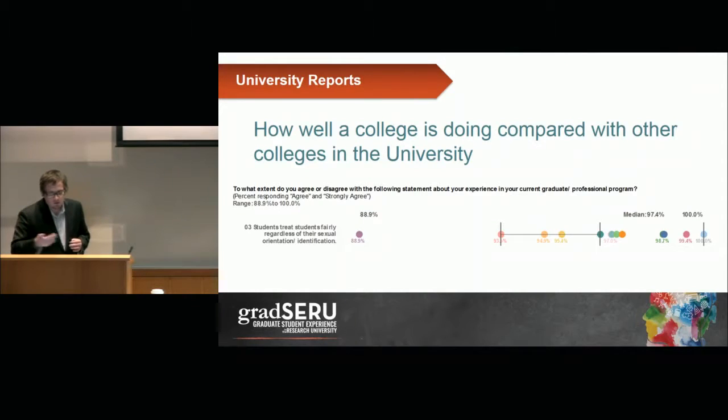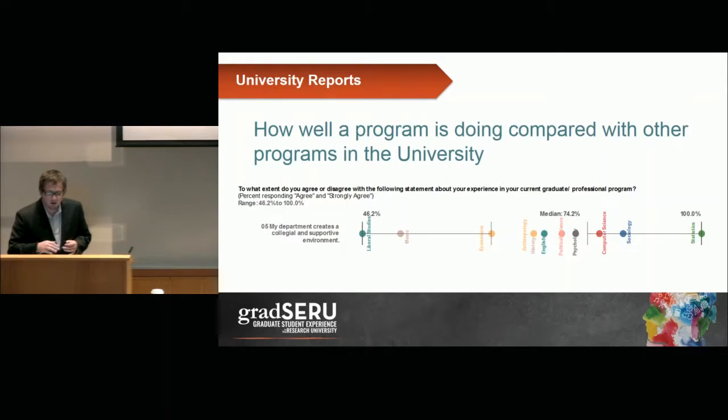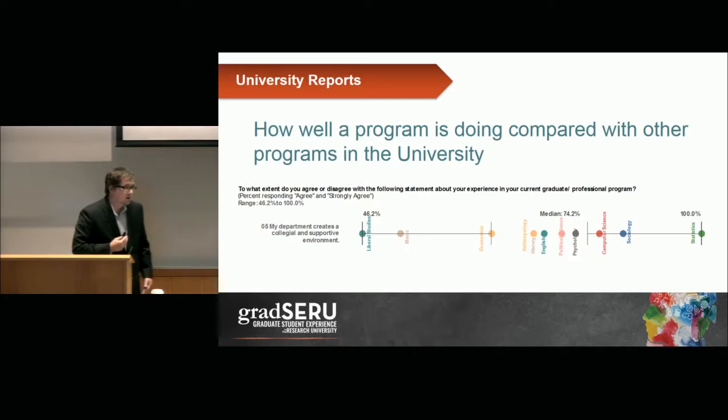So the examples of what we're able to do with the data include that we can compare colleges, which is what we were just showing. So we can say how well is one college doing compared with another college. Breaking it down a little bit further, we can also do this within programs, right? So we can sort programs within a college to say, all right, let's see how OLPD compares to ed psychology and other programs in the college and assess where they lie on the distribution.